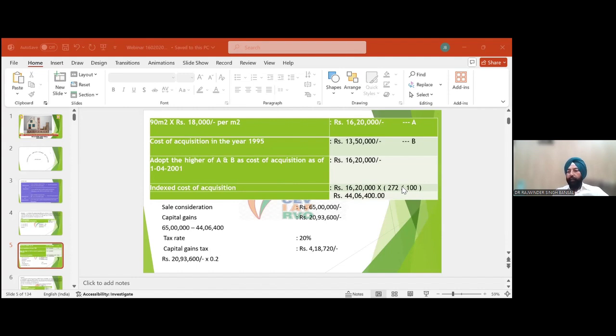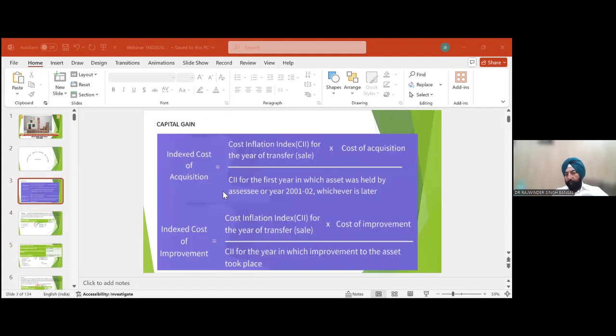Because it was sold in 2017-18 when the cost inflation index was 272, divided by the cost inflation index of the first year in which the asset was held by the assessee, or the year 2001-02, whichever is later, between 1995 and 2001.